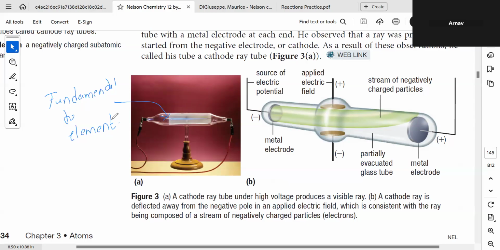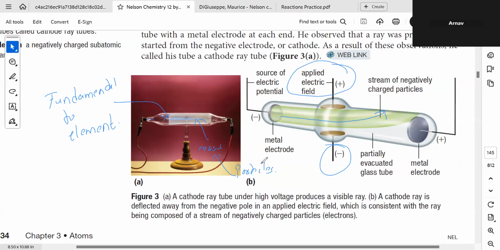Then he said, let me study what exactly the ray is. Then he applied the electric field to the ray, and he saw that the ray was attracted towards the positive electrode. And then he observed that the ray which was emitted was actually having some mass. So these are not radiations, but these are particles.